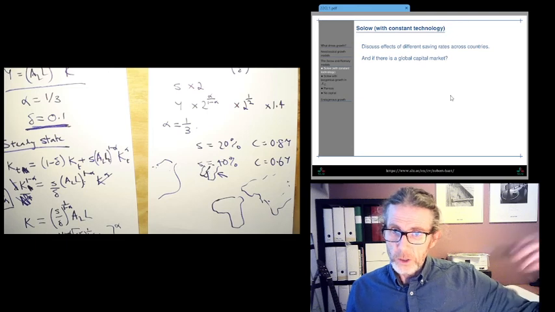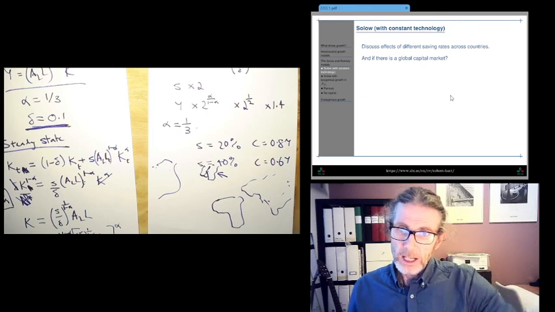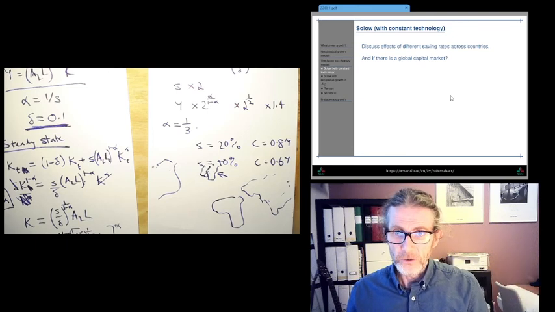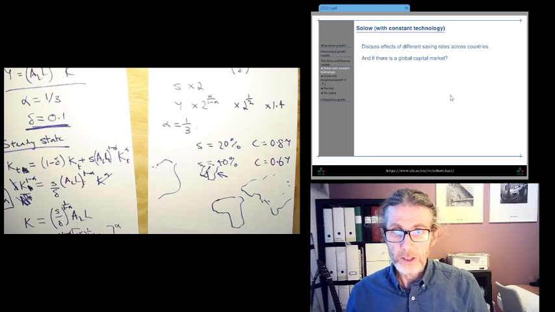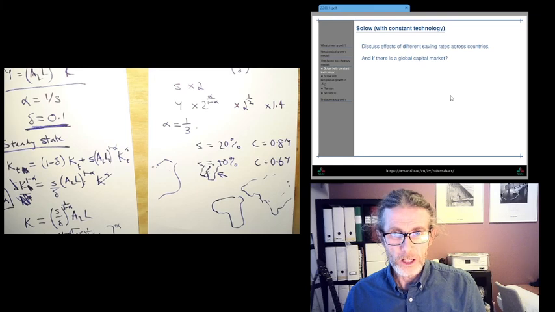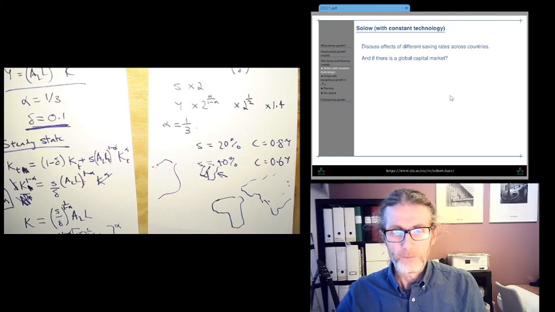Countries which are saving a lot will export capital to the countries that aren't saving much, and that will even out GDP, which will actually be identical across the whole world, given a perfect global capital market. The local savings rates will make no difference whatsoever. Okay, so this model is completely failing to explain differences in GDP between countries.